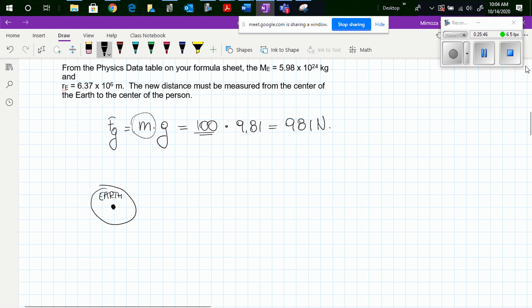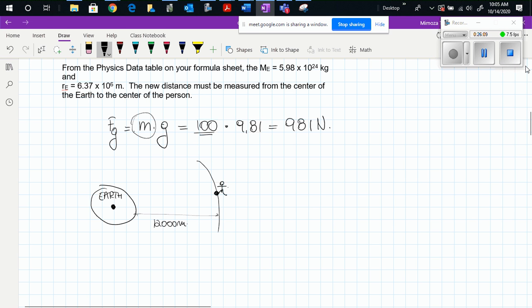From the surface, a person is standing here. How is it standing? Don't ask me. Now, the distance between the surface and where the person is standing is 12,000 meters.